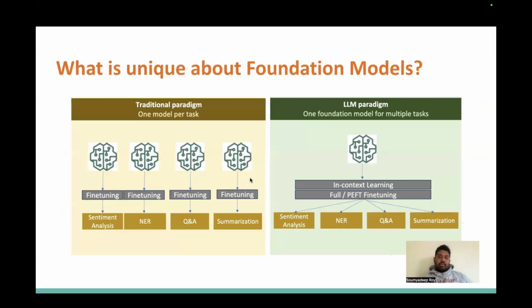So what is unique about foundational models, or what is the main paradigm that has shifted? Prior to this, for each individual task there would be an individual model, usually trained using a specific amount of labeled data. This led to two or three issues. First, you need a good amount of fine-tuning data for each of these tasks.